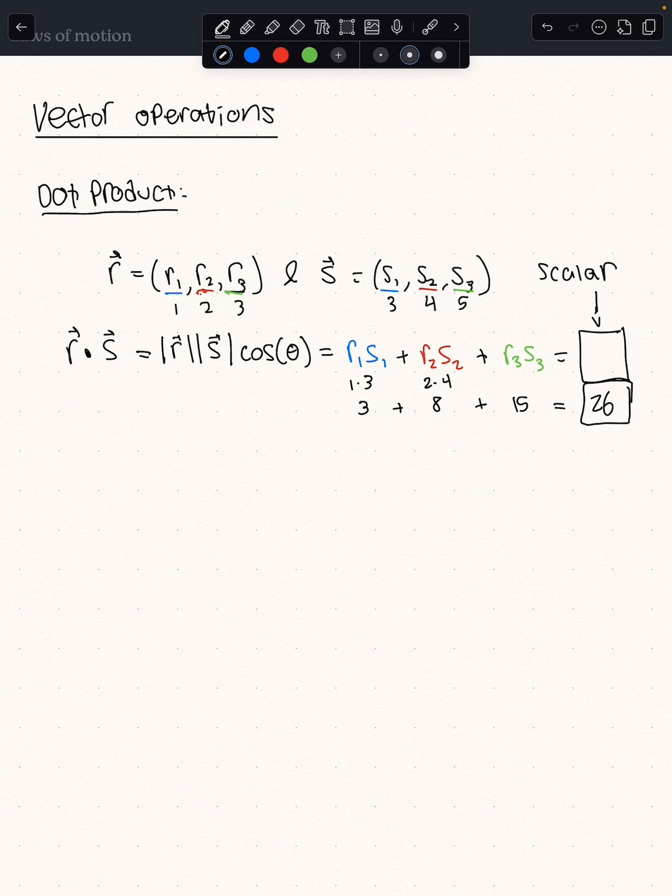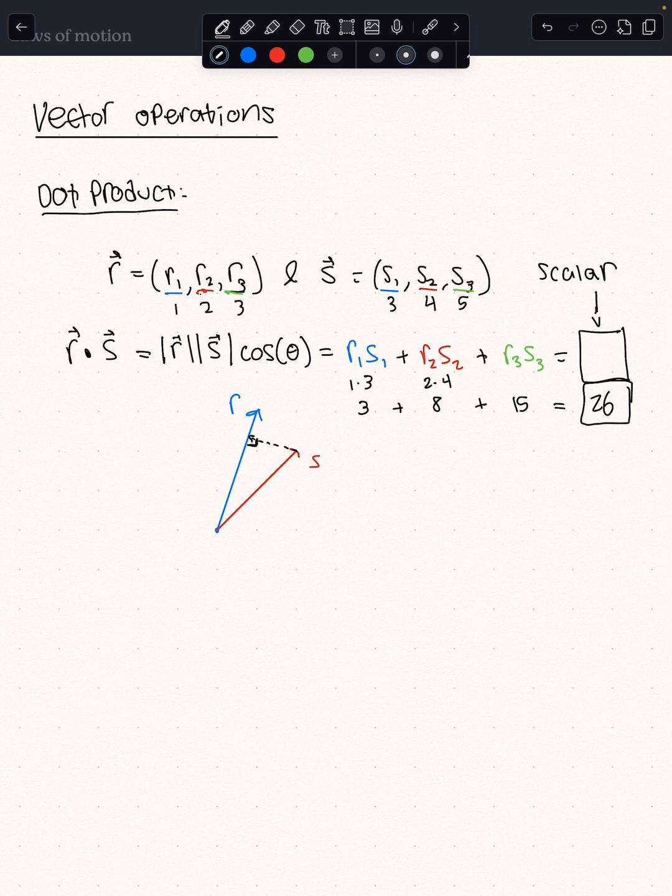Okay, and what this is going to look like geometrically is if we have this vector R, and we dot that with vector S, what we are doing is taking the projection of S onto R. So this is going to come this way, and this is going to be a 90-degree angle.